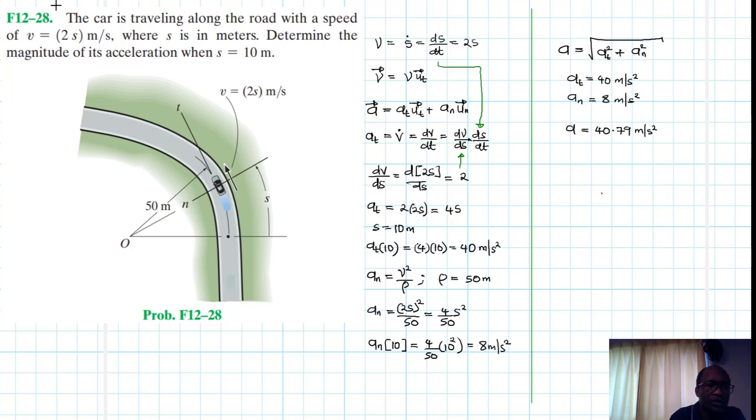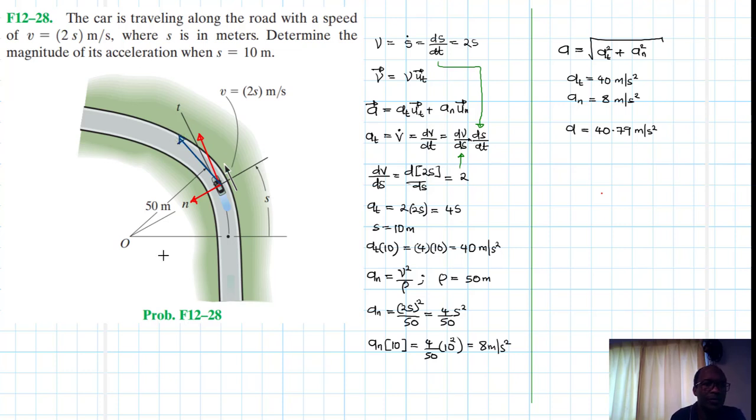Let's show this. So let's consider this is the point at s equal to 10. Let me draw it properly. Let's say something like so, and let's say we have another component like so, and then we have a component like so.